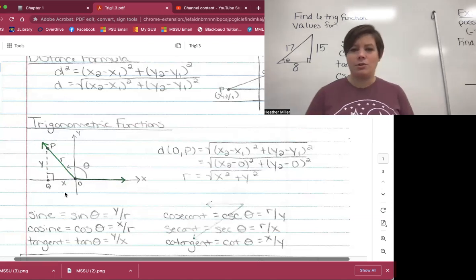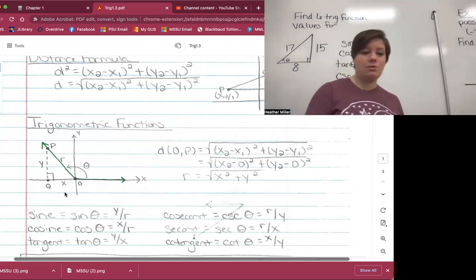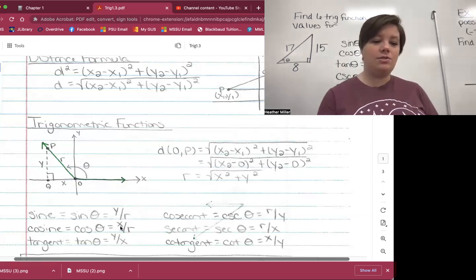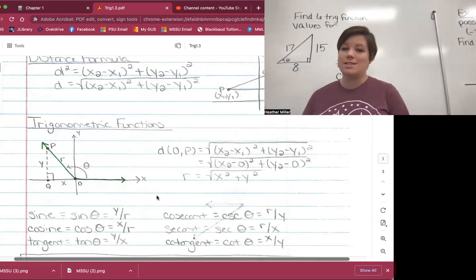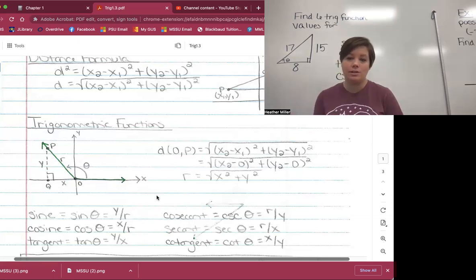I'm never going to give you a formula though that's like cosine of theta is r over x. I'm not going to give you something that's inaccurate. But I will give you more than you need, because you need to prove to me that you do know how to use the information. Okay.